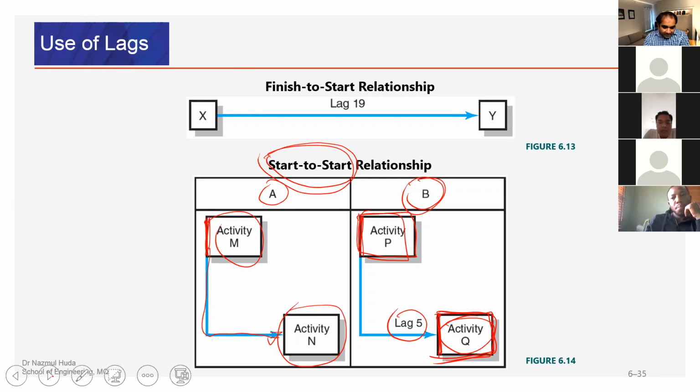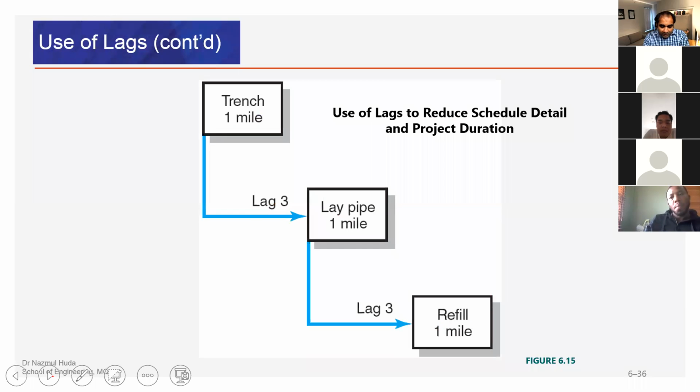We can have use of lags to reduce the schedule duration and the project duration, as I said. So layering and lags are all related to reducing the total project duration. In the conventional approach, what if we look into the basic steps, if we have a big project like this, 10-kilometer, build trench, lay pipe, and then fill with concrete and dirt.